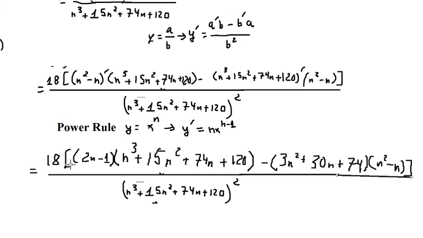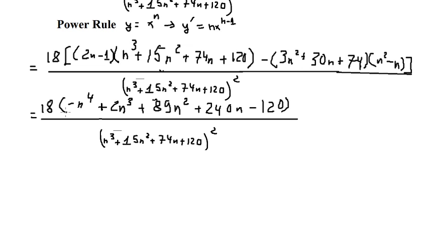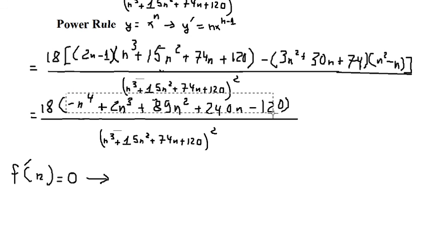So after that we simplify on numerator. That should be like this. So this is the answer. Now because I want to put first derivative of f of n equals 0, so we have only one equation, that is this one.